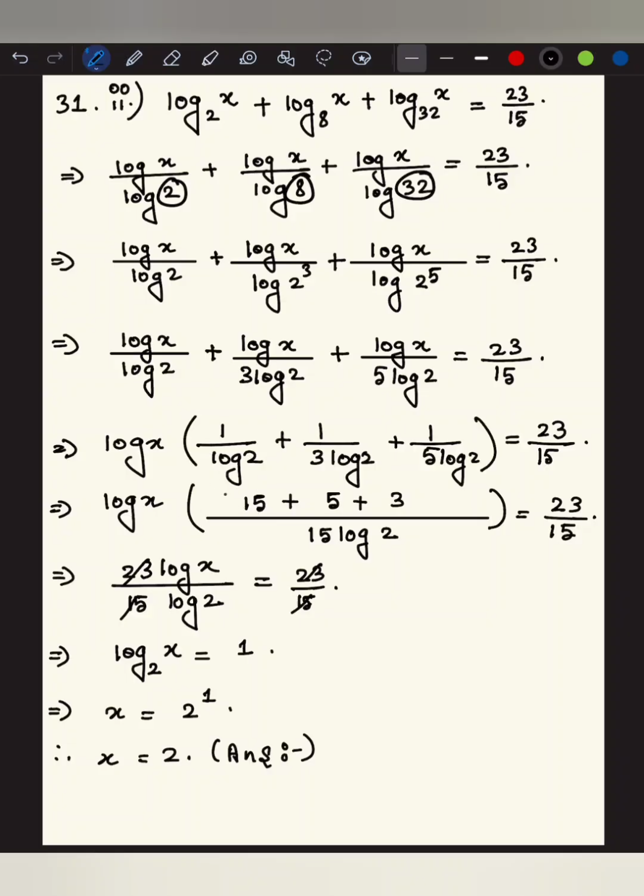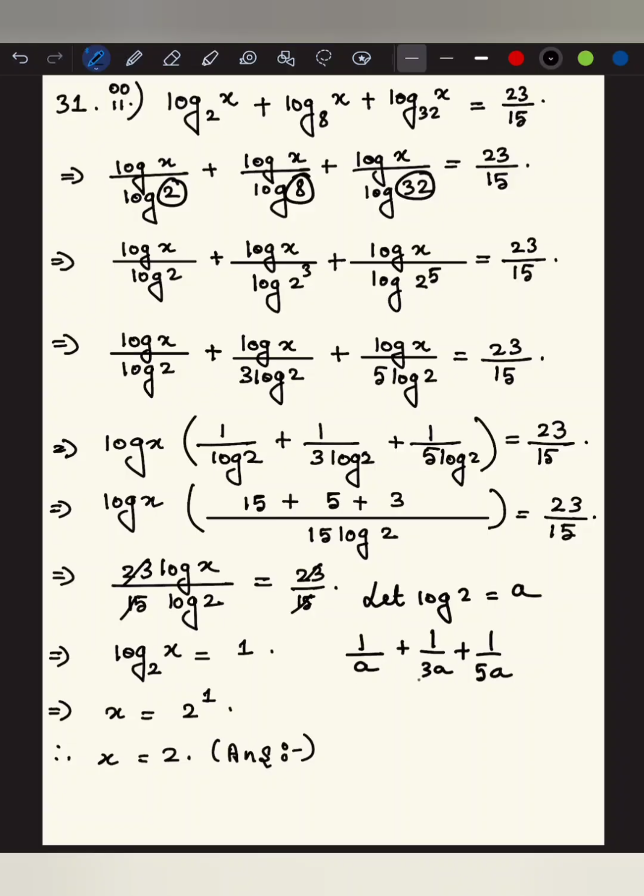Now I have taken the LCM. Don't consider it as log 2, let log 2 be a. Therefore 1 by log 2 becomes 1 by a, plus 1 by 3 log 2 becomes 1 by 3a, plus 1 by 5 log 2 becomes 1 by 5a.